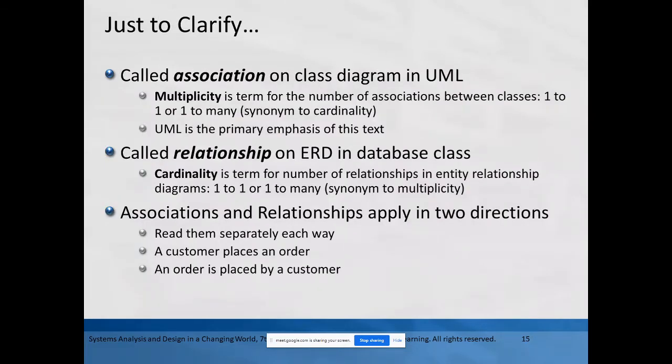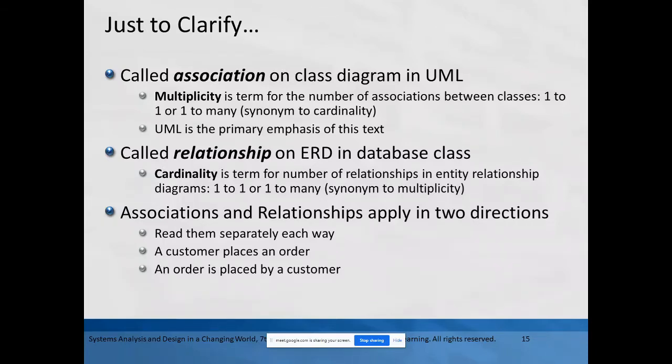So this goes into a little bit more detail. Just the terminology is what he's distinguishing here. So in UML, with class diagrams, you call them associations. In database, you would call them relationships. They mean the same thing, and they do the same thing. And again, this is just a difference in terminology.